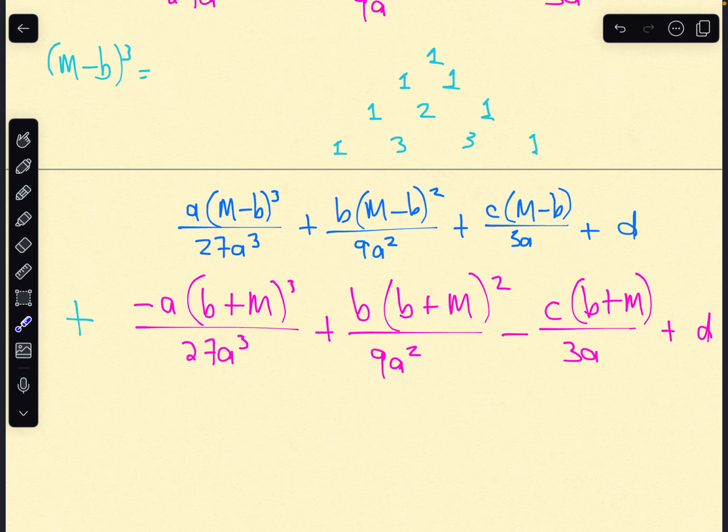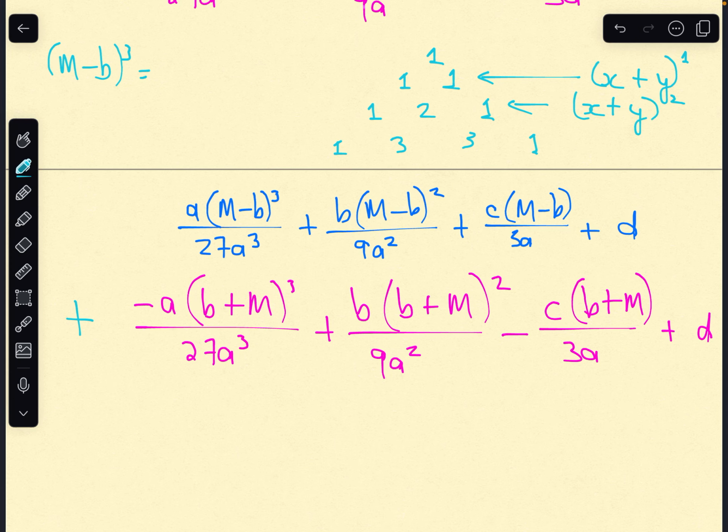This second row here represents the coefficients for (x plus y) to the power of 1, right? So as you can see, the coefficients are 1 and 1. And then this over here represents the coefficients of (x plus y) squared.